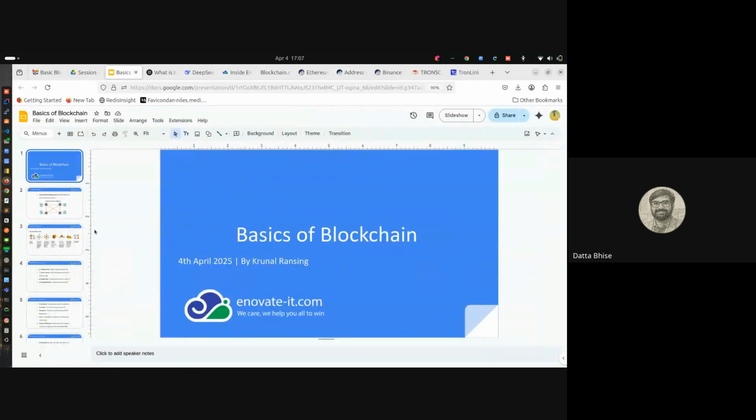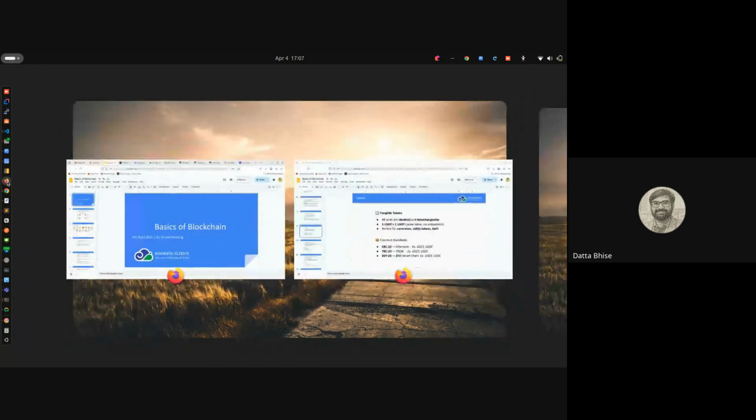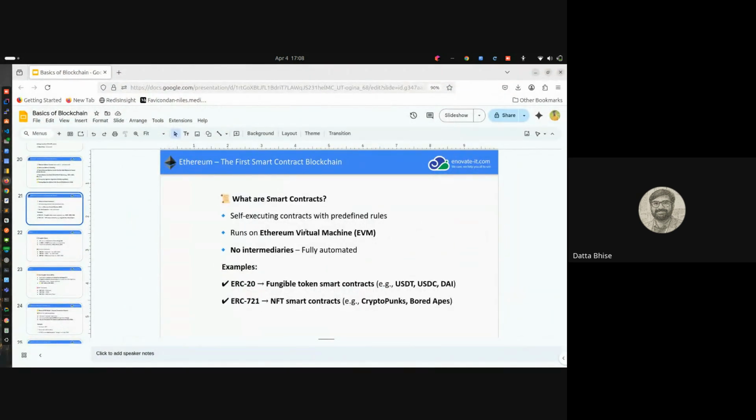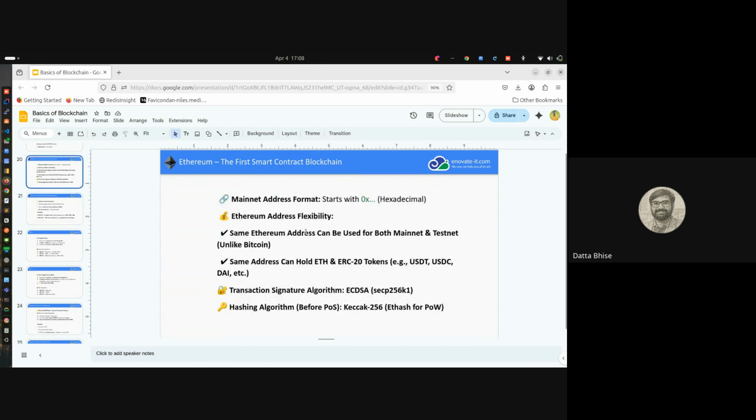I guess we can stop here and take more questions if anyone has doubts. How can we identify? When you have to use mainnet, obviously that address should point to the mainnet. When we are going for testing, you have to point to the testnet.